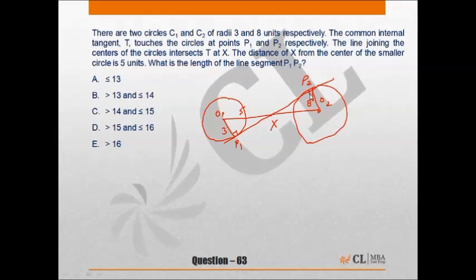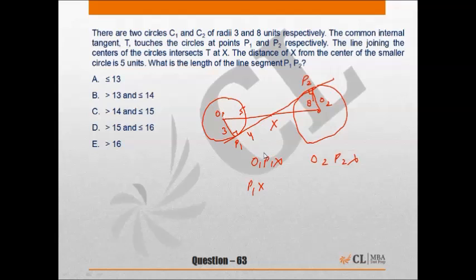Similarly, O2P2 will be perpendicular to P1P2. Now we have two right angle triangles, and these are O1P1X and O2P2X. In triangle O1P1X, using Pythagoras theorem we can find the value of P1X, which will be 4.